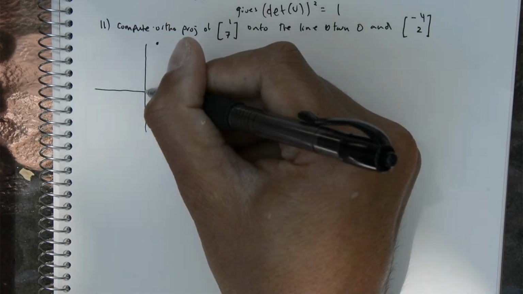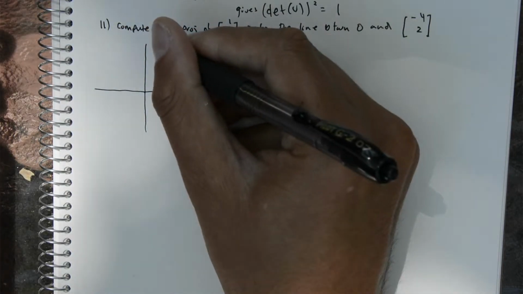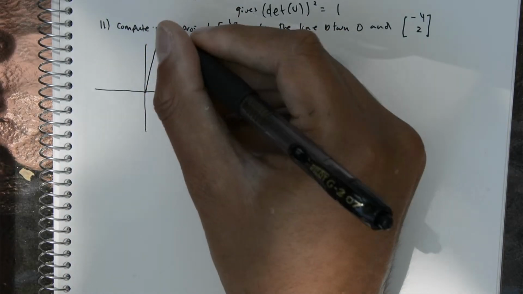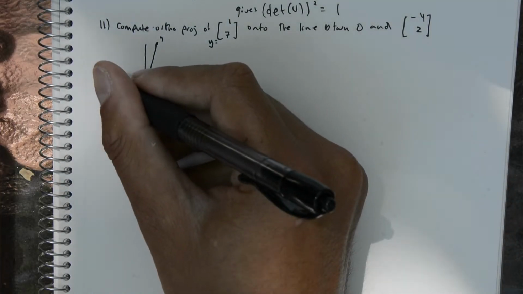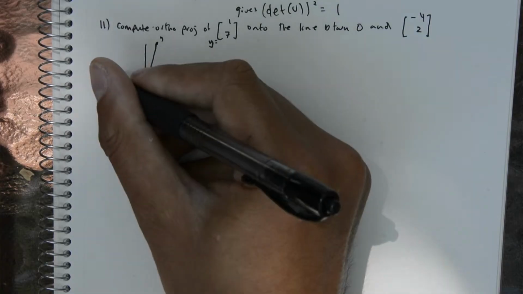Let's let this be Y. This is Y. And then (-4, 2) is right there.